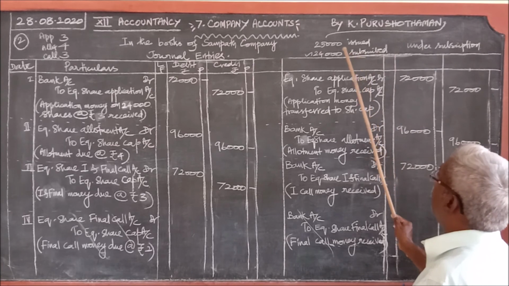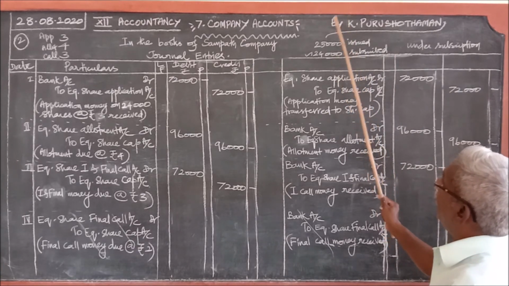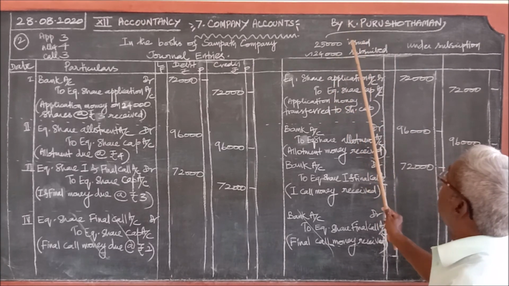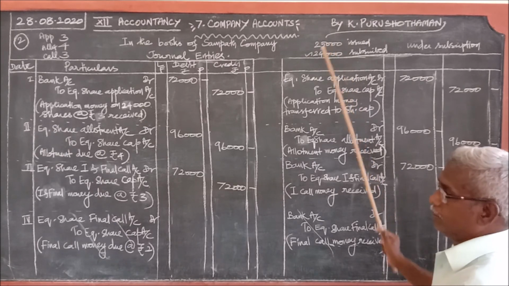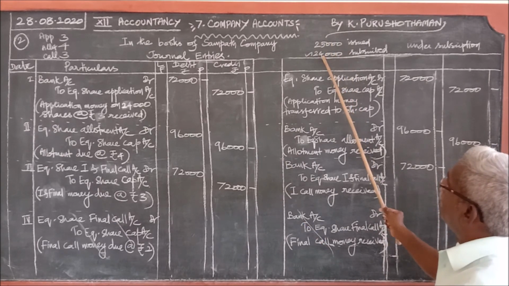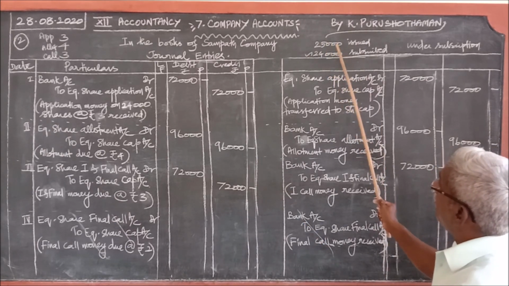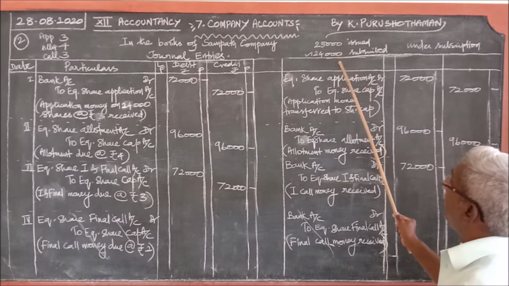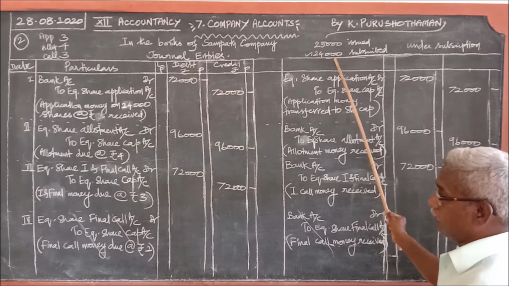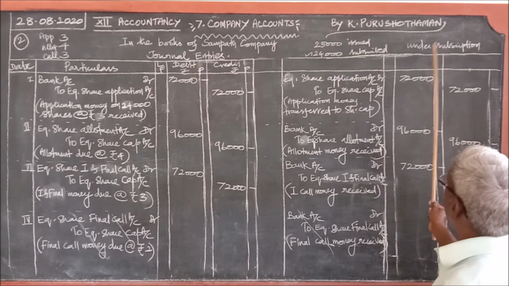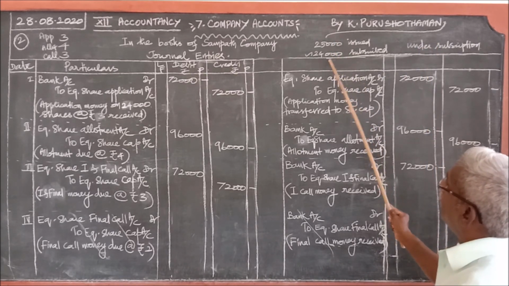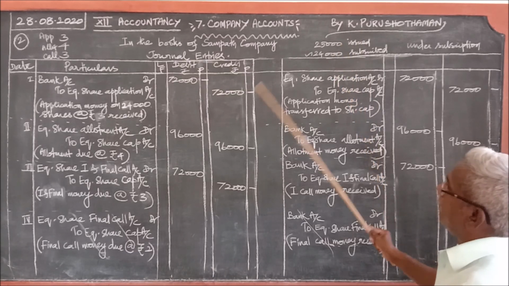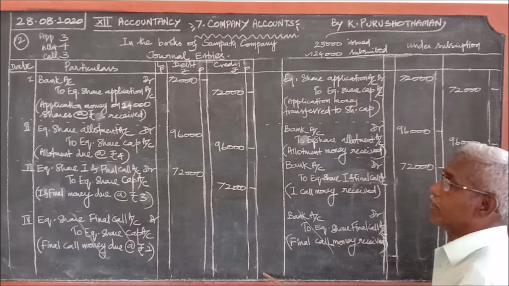Therefore, you should take the number of shares for which the share money is subscribed, 24,000 only, though the number of shares issued by the company is 25,000. The shares subscribed were only 24,000. This is otherwise called under subscription. Therefore, for 24,000 only, we should do all the calculations here.